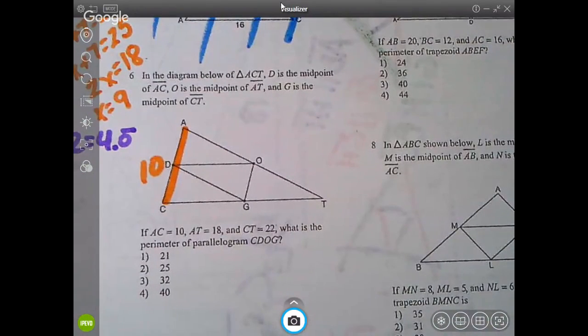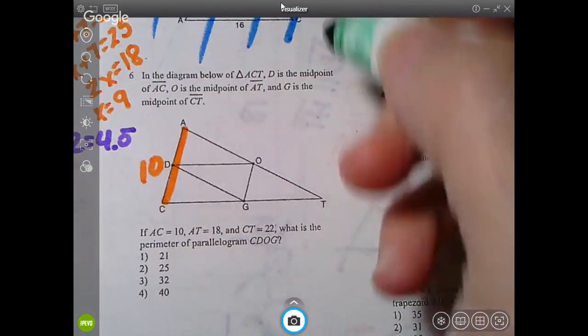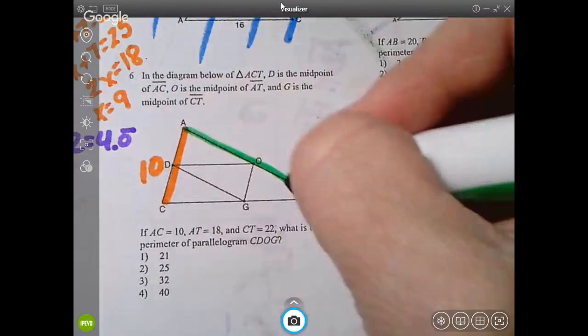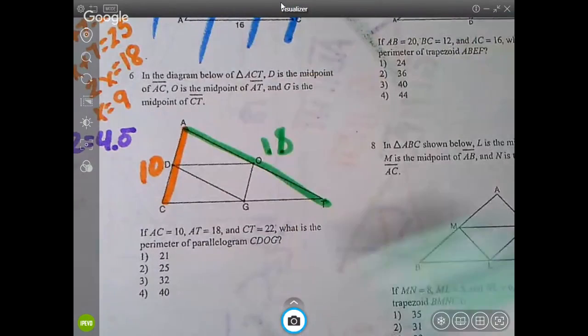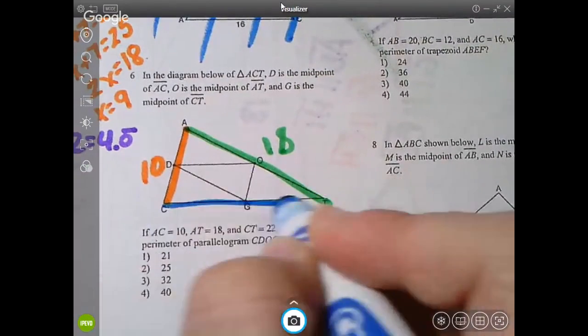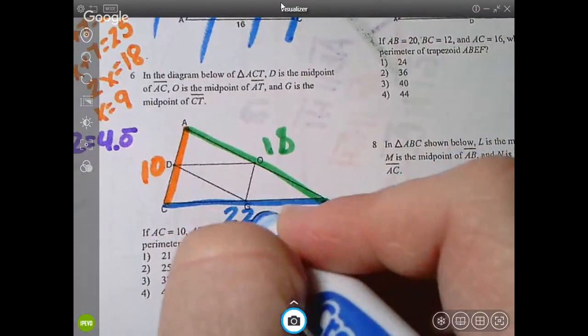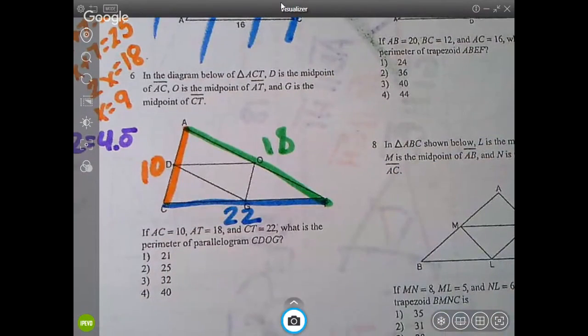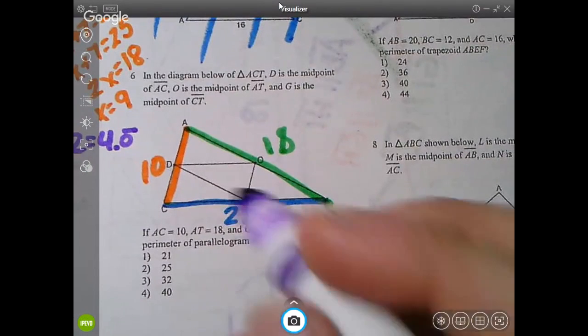So AC is 10. AT is 18. And then CT is 22. It wants us to find the perimeter of parallelogram CDOG.